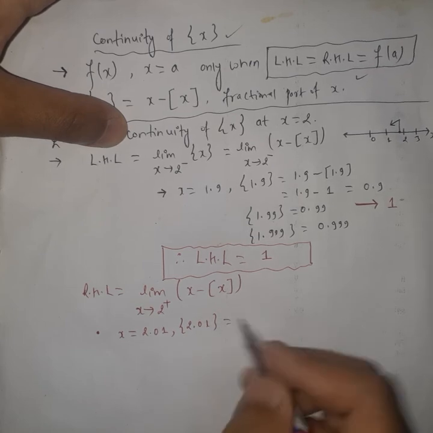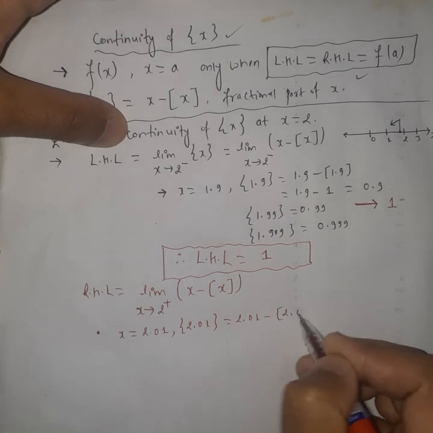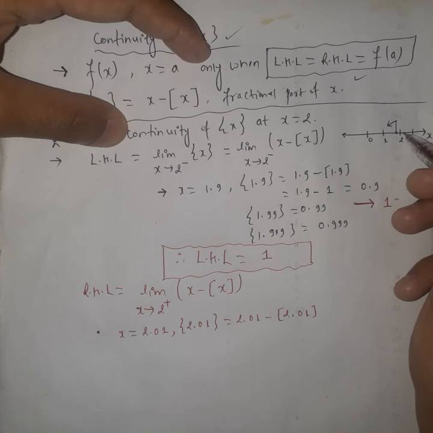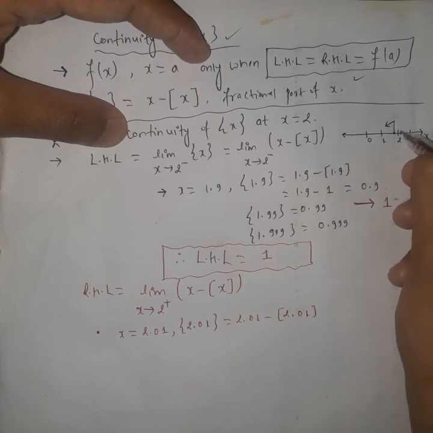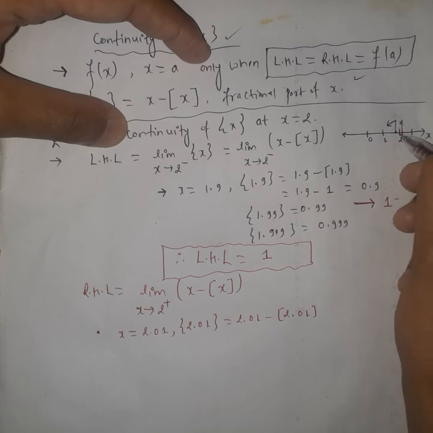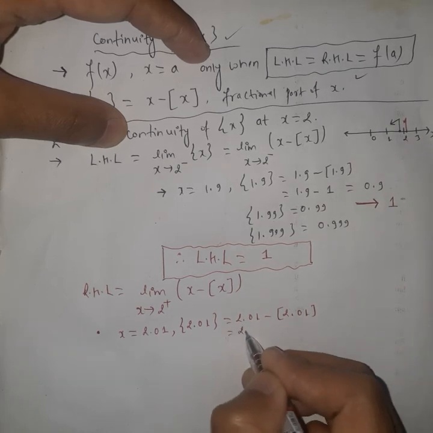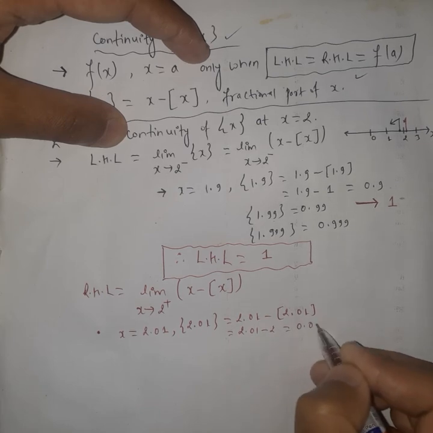From the definition, it is 2.01 minus the greatest integer of 2.01. The greatest integer value of 2.01 is just the number 2, the nearest integer value on the left hand side. So 2.01 minus 2 gives 0.01.